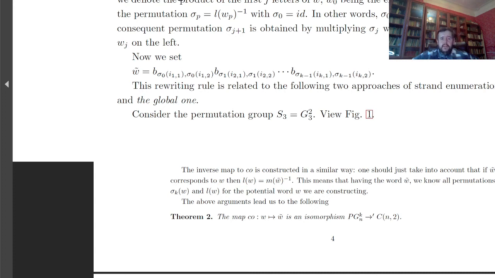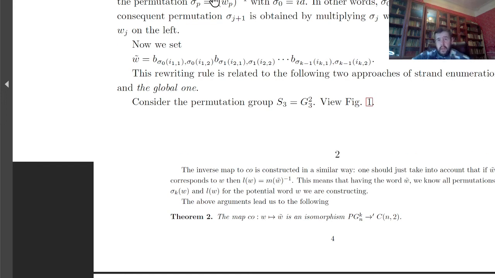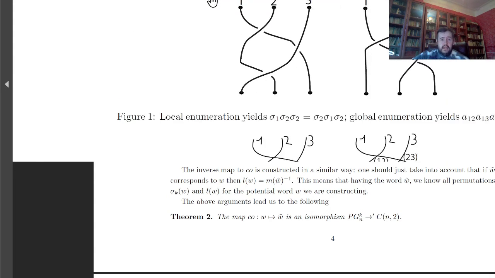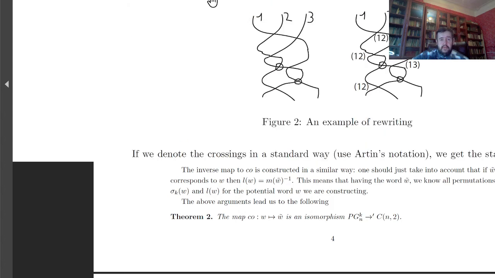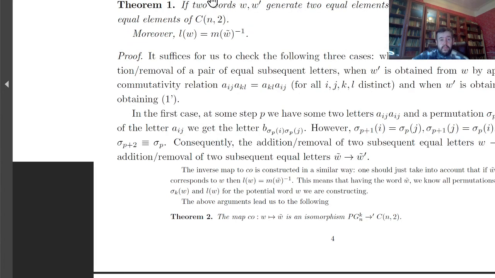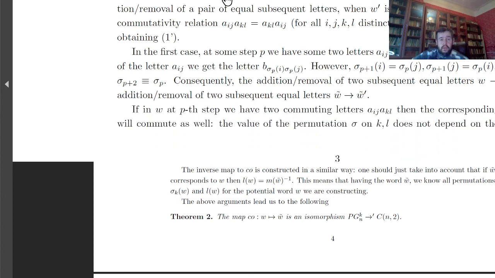So after, for example, A12, I switch all other letters: I will switch 1 to 2 and 2 to 1. And after that, starting with the next letter, I will go to the following.